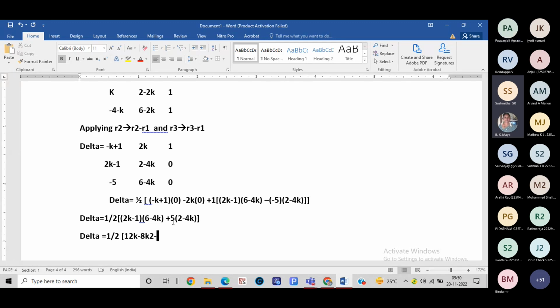When I'm multiplying, that should be square. 6 into minus, minus 6. Minus into minus, plus 4k. Any doubt in these steps? 5 2s are 10, plus minus 5 4s are 20k.